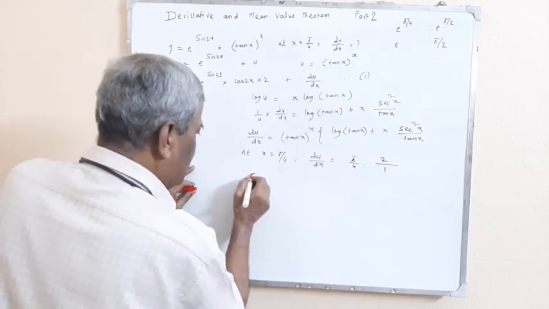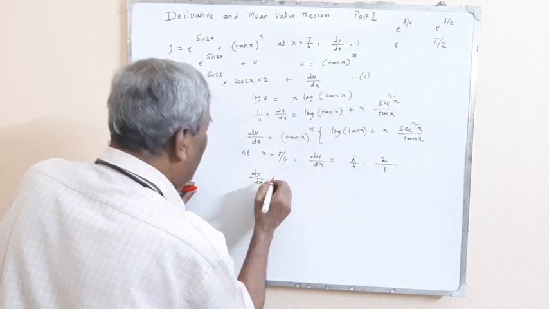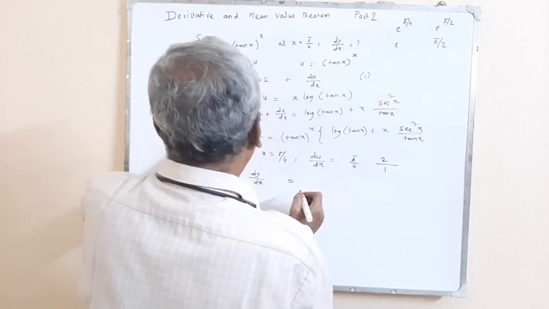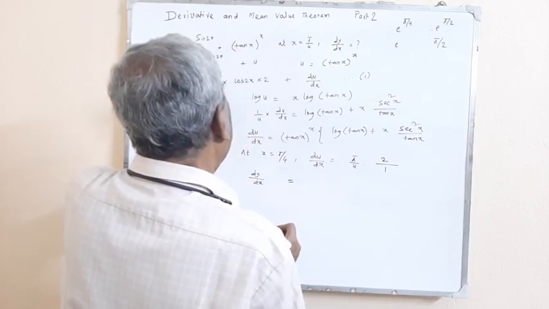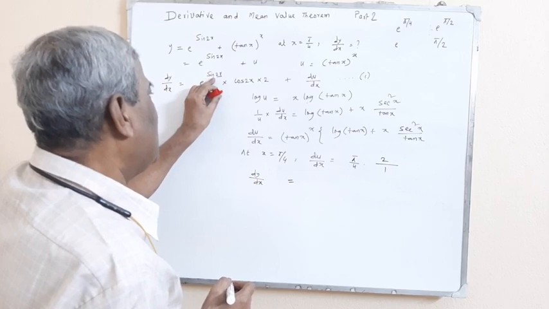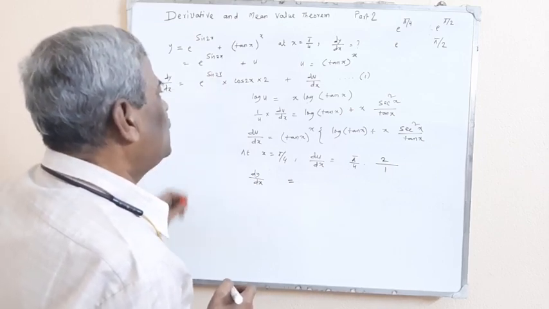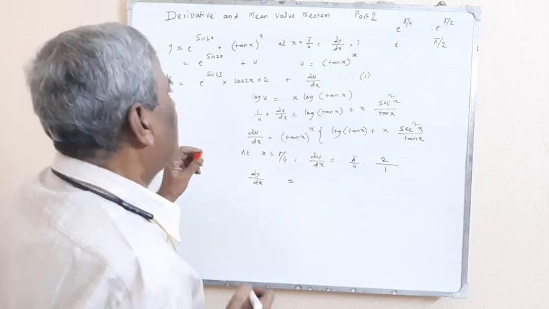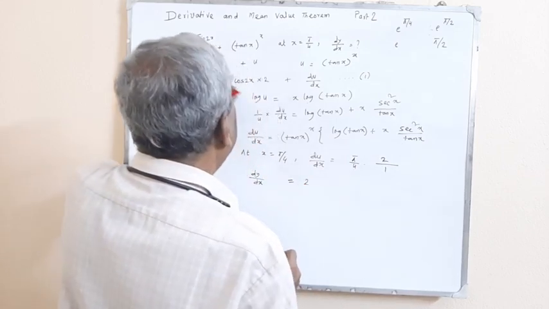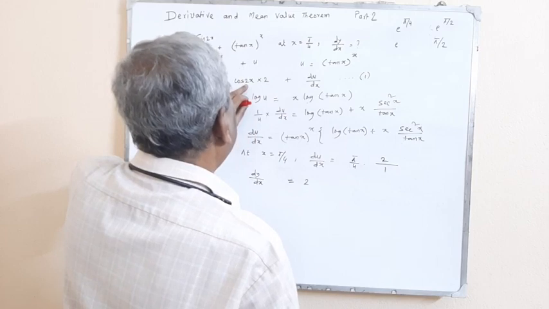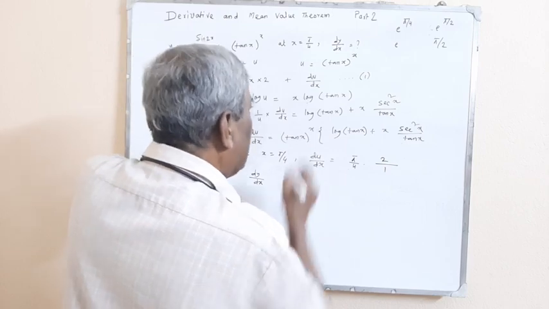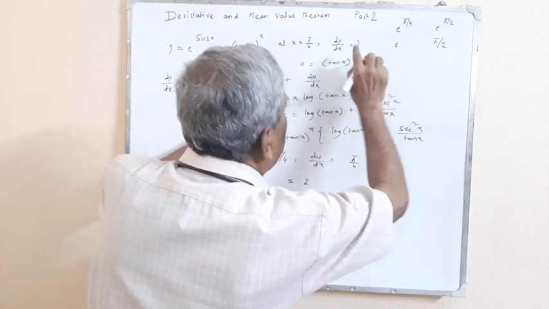So dy/dx at the point x is equal to pi by 4: this becomes e to the power sine 2x, where x is pi by 4, so sine pi by 2 is 1, so e to the power 1, into 2, then cos 2x, which means cos pi by 2, since x is pi by 4.